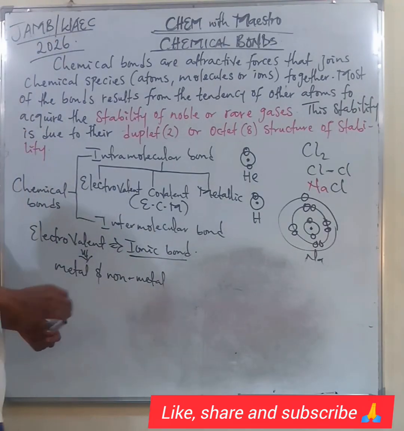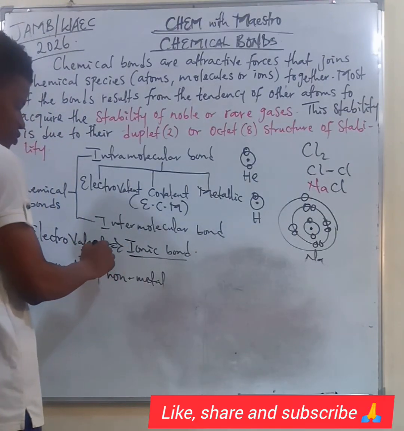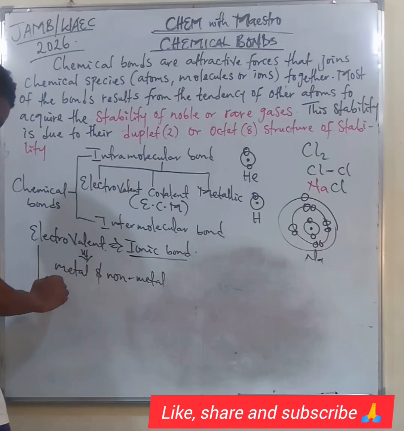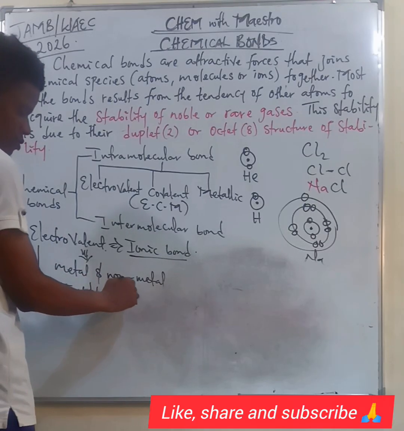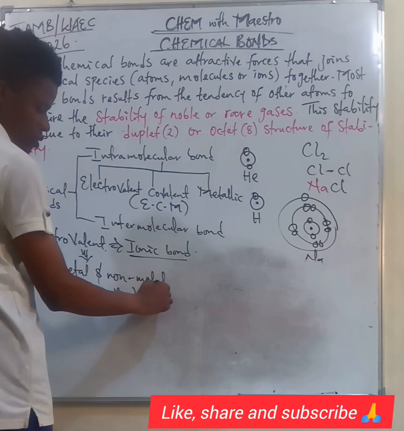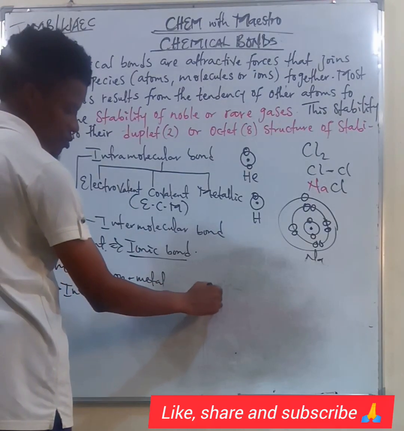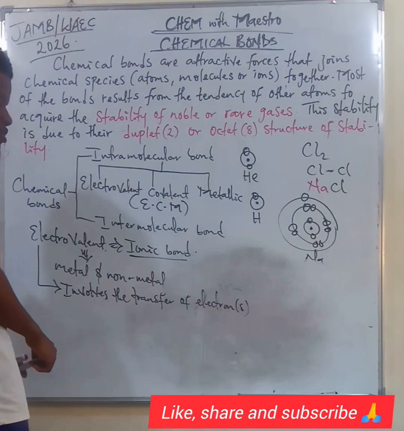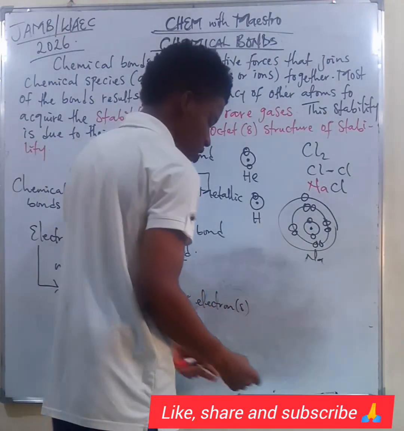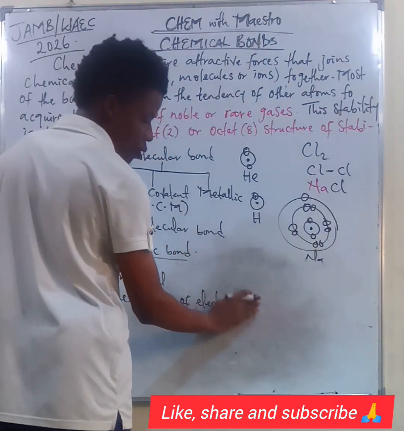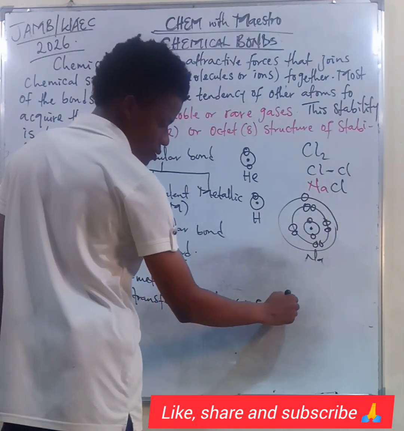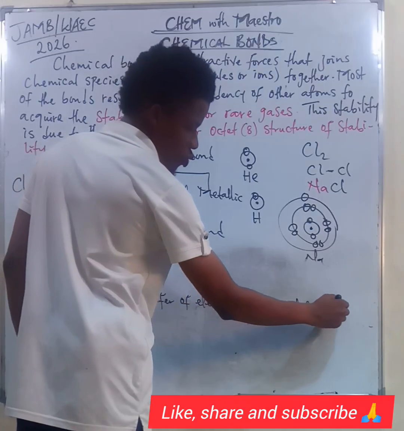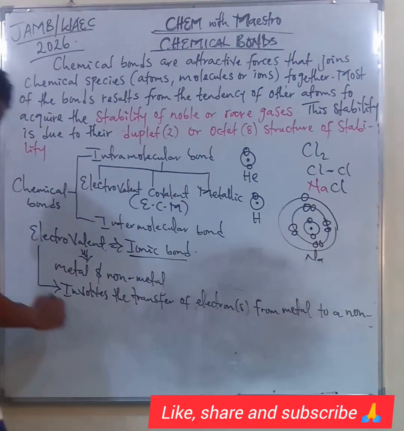Now, the mechanism of electrovalent bond is that it involves the transfer of electrons. Alright, electrovalent bond involves what? Involves the transfer of electron, or electrons, from a metal to a non-metal.